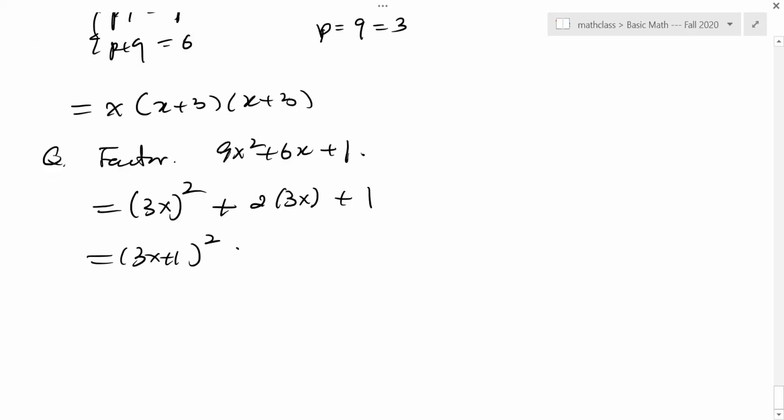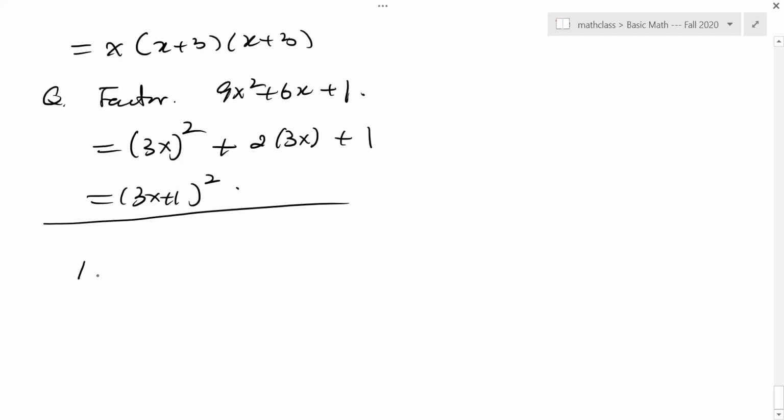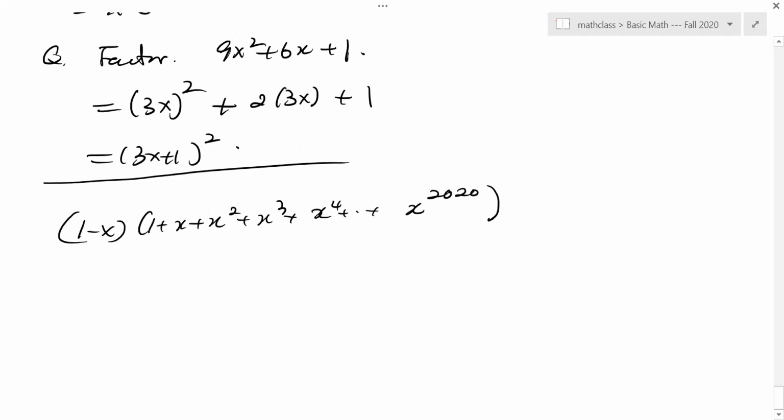Okay, now let's look at the interesting thing here: 1 minus x times 1 plus x plus x squared plus x cubed plus x to the 4th power, and all the way to x to the 2020. Can you multiply this out?